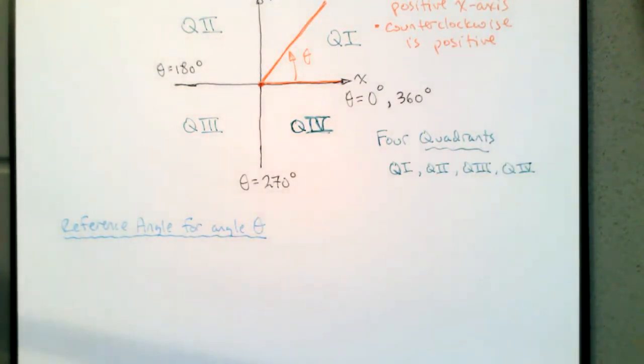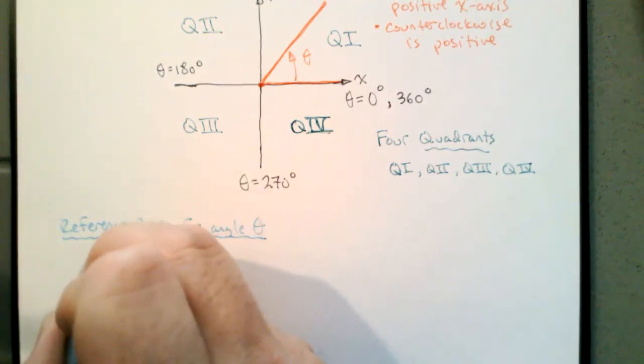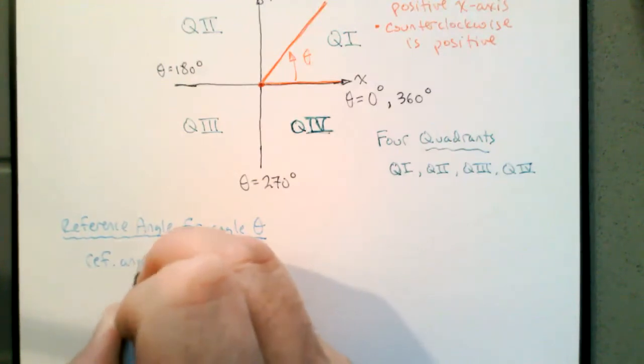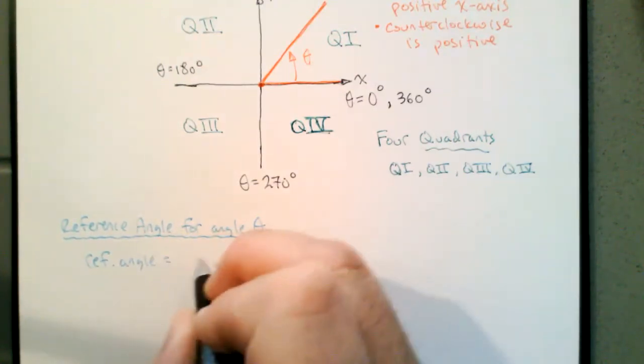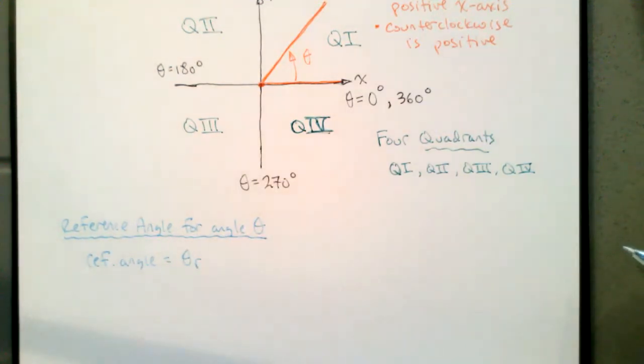So for any angle, we need to be able to talk about its reference angle. For an angle theta, the reference angle goes from the terminal side to the nearest x-axis. We're going to call it theta with a subscript of r for reference.